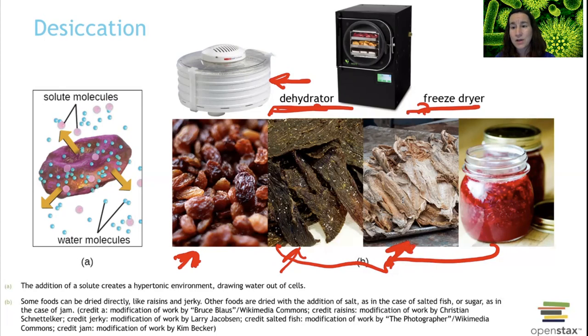It is hypertonic and the salt is going to draw the water out of the cells and they're not going to make it. So we've been preserving food with salt for ages. And you can also use sugar to preserve food. Both salt and sugar are additional ways to use hypertonic situations to pull the water out of the cells and kill them, desiccate them.